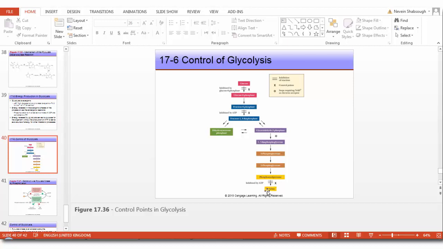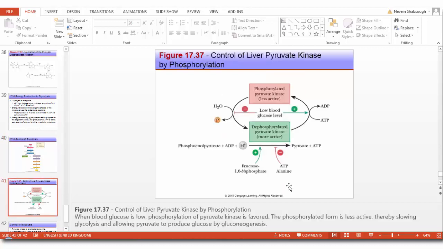pyruvate kinase, is also inhibited by ATP, but also by other compounds, because pyruvate kinase is an allosteric enzyme. It is inhibited by ATP and alanine. Why alanine? Because alanine is the amino form of pyruvate, and they can be converted to each other by an enzyme called transaminase.